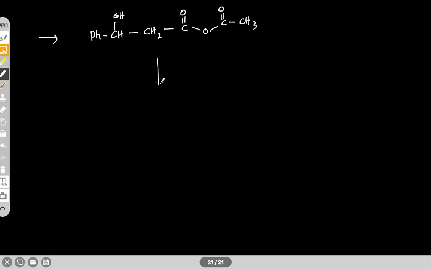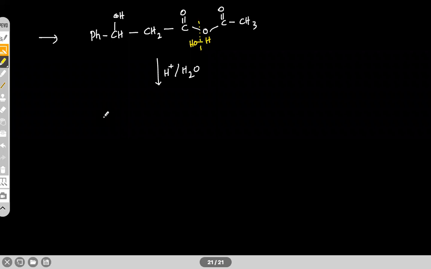This again reacts with H plus H2O. This H plus H2O reacts at this position, right? We can write down the product like this. Simply, you can say first this H plus protonates this oxygen, then the bond breaks. One side will get OH and this side will get acetic acid.